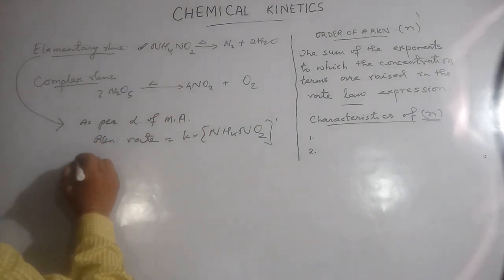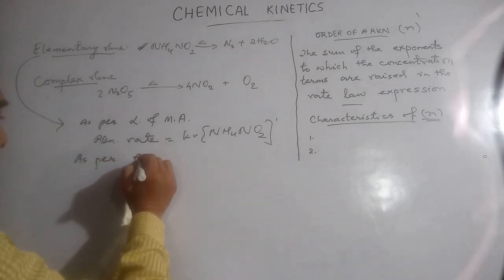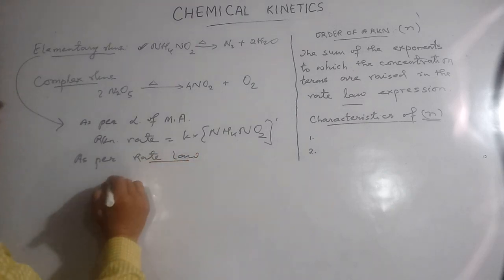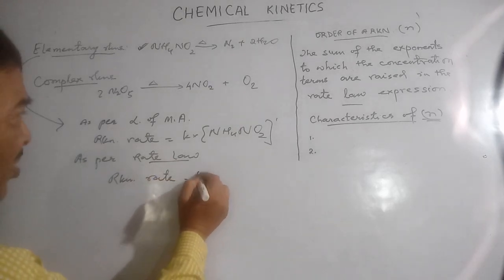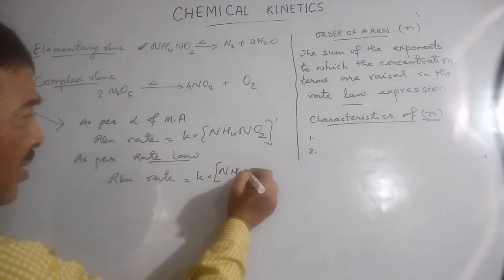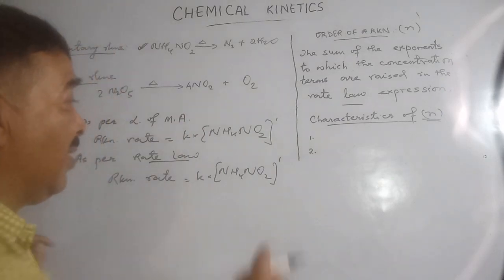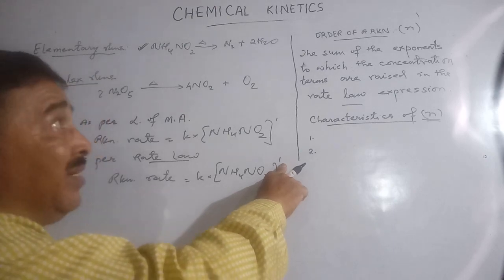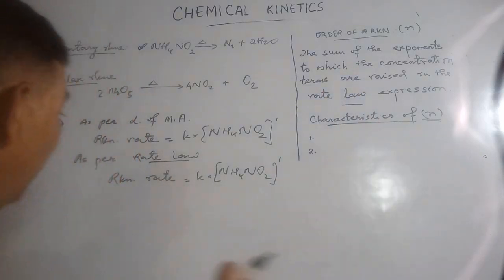And as per the rate law, the reaction rate is equal to K into the molar concentration of NH4NO2 to the power 1. This one is called the order of the reaction, which we will explain as per the definition.